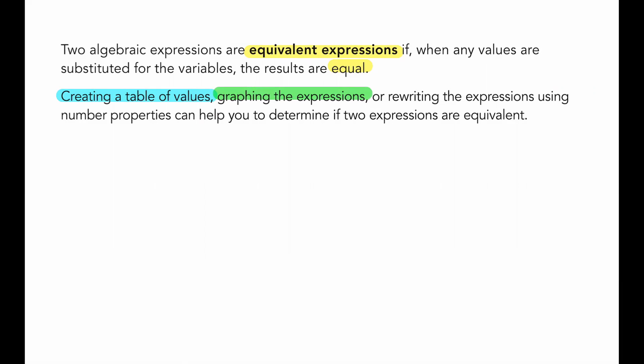Finally, we can rewrite the expressions using number properties, and that can also help you determine if two expressions are equivalent. Now, just a quick side note, if you're not very familiar with number properties or operation properties of mathematics, especially the associative and distributive properties, now would be a great time to review those properties.